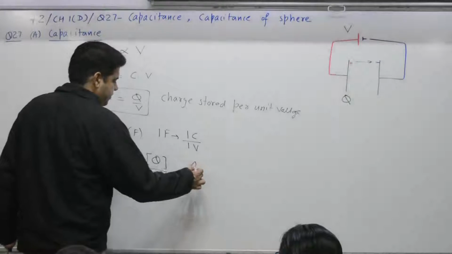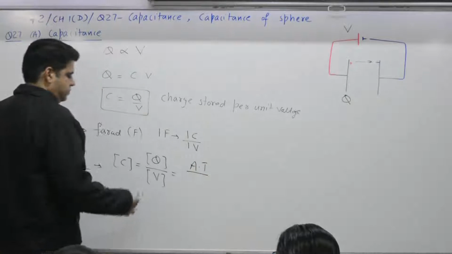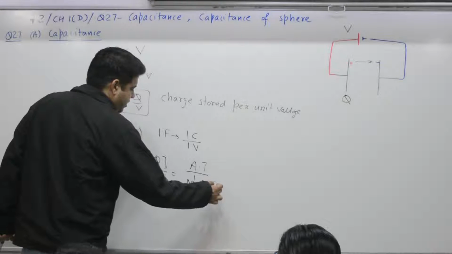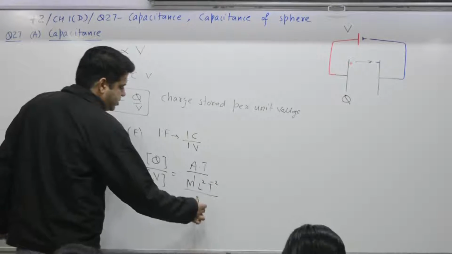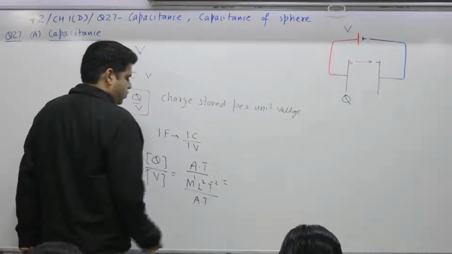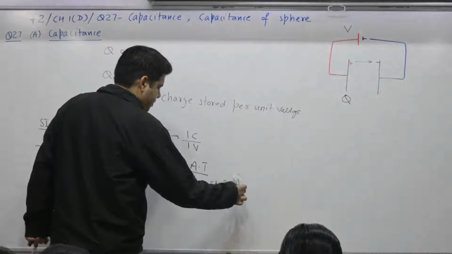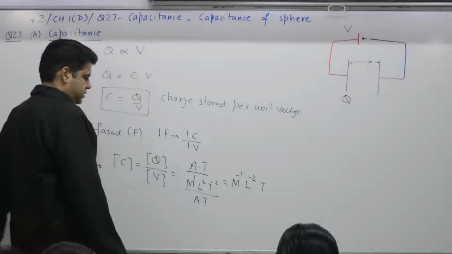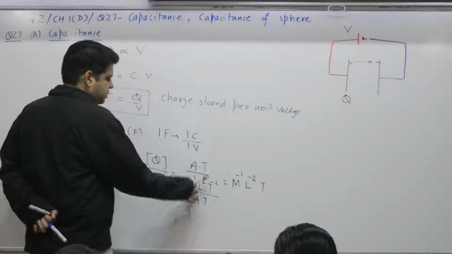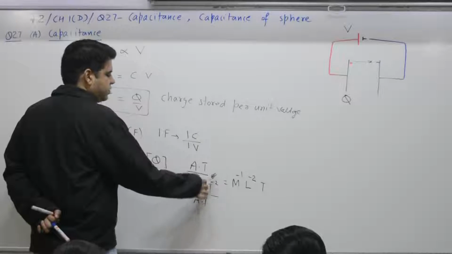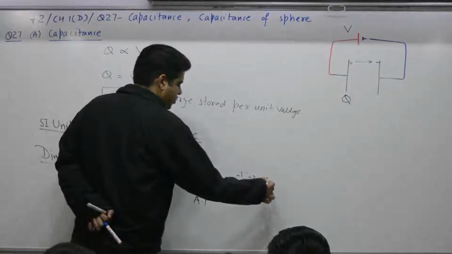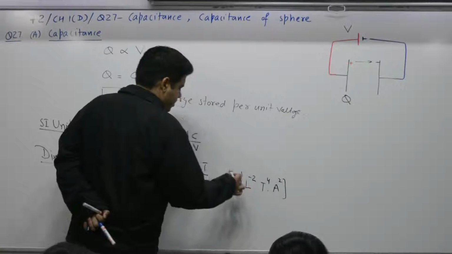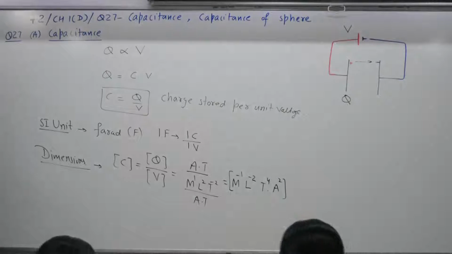Voltage is work done per unit charge, which is M L squared T to the power minus 3 A to the power minus 1. Taking it together, the dimensions are M to the power minus 1, L to the power minus 2, T to the power 4, A to the power 2. Three minutes with you to write.